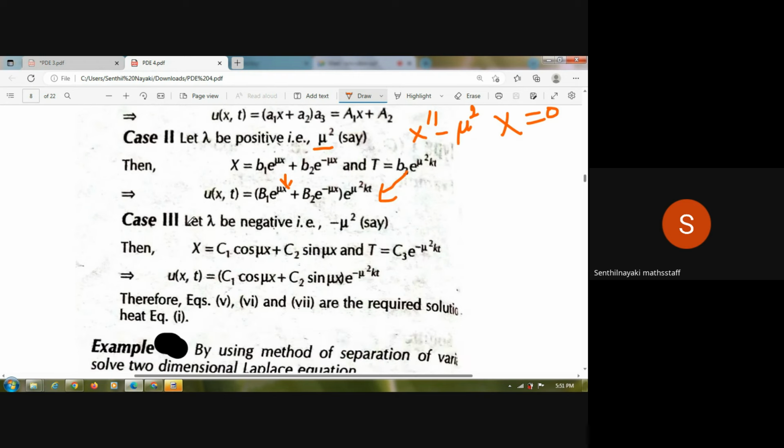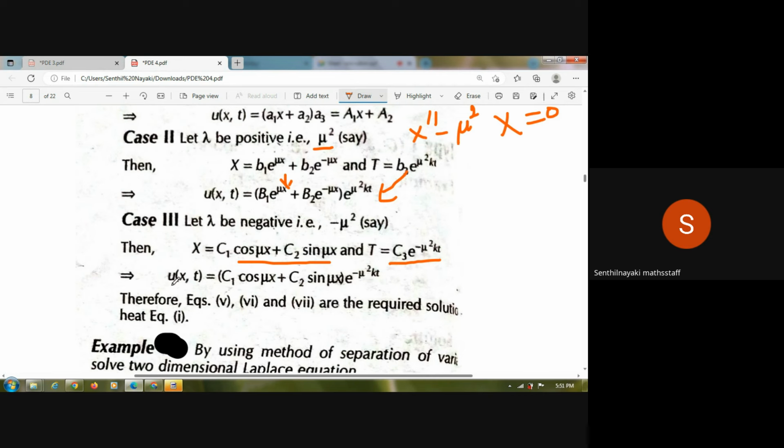Next, if lambda is negative, then lambda equal to minus mu square, and we get the complex roots. Therefore, the complementary function can be written like this. Similarly, for the first order differential equation, we have after integrating we get this solution.